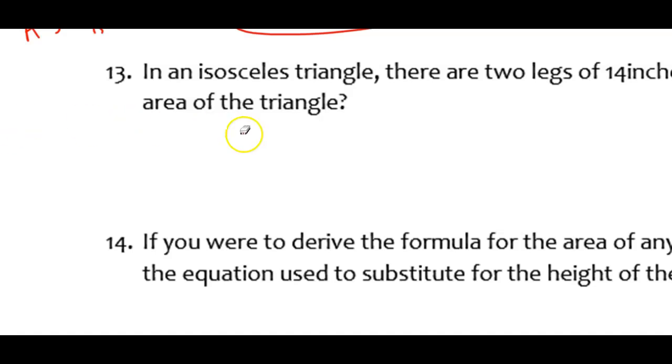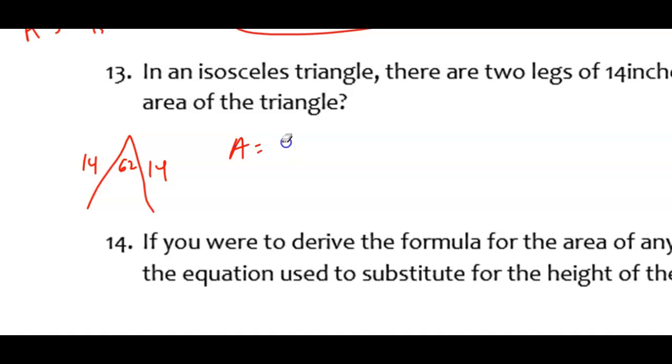All right, right here in the isosceles triangle, there are 2 legs that are 14 inches. So that just tells us 14, 14. And the included angle, the angle in between those 2 legs, is 62. So side angle side again.